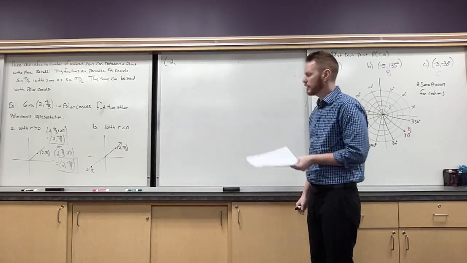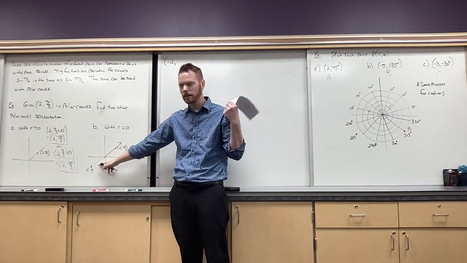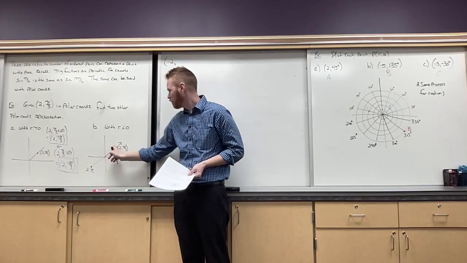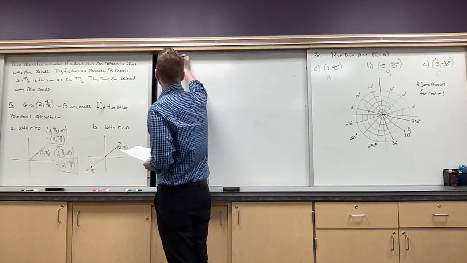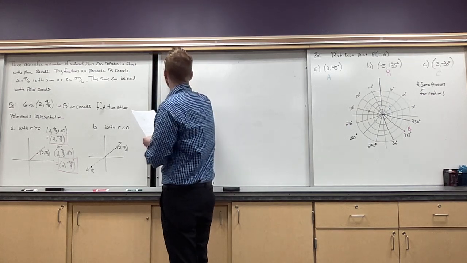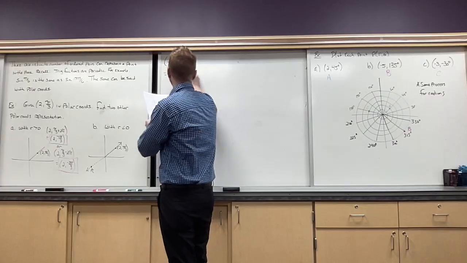And then, to get to that point, if you remember the thing I just erased, I could add pi to it, that'll get me to that point. So I'm going to take pi over 3 and add pi to it. So I get -2, and this becomes 4 pi over 3.